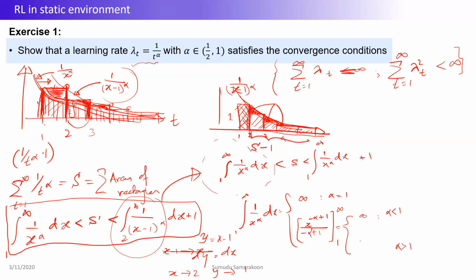When alpha is larger than 1, 1 minus alpha is a negative exponent, so when we substitute infinity for x, infinity to a negative power goes to 0. Then we end up with minus the value at 1, so we can consider it as 1 over alpha minus 1. So we are going to end up with these three cases.